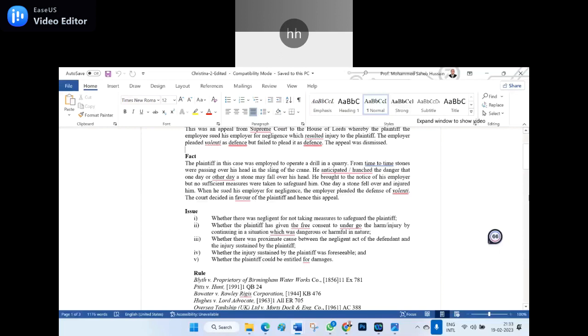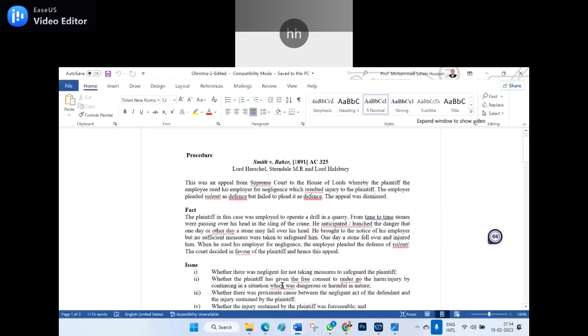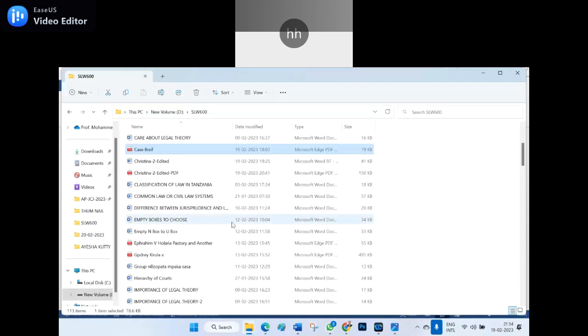From there you have to deduce it, extract it, what the material facts of it are. So that is the importance of the time factor. And here the facts which are given, because its original case law is Smith v Waters. I will show you now what the original case law is here. Smith v Waters.